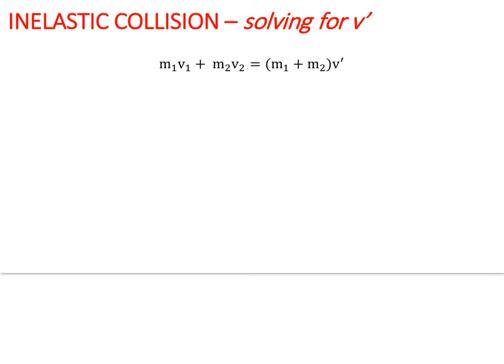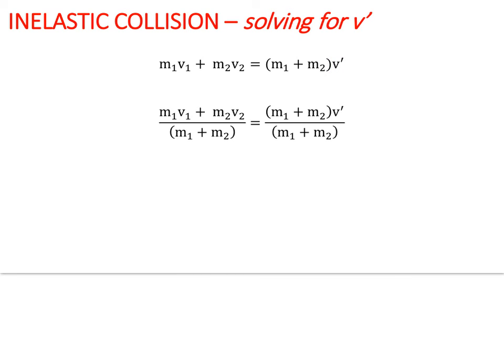In an inelastic collision, solving for v after, the final velocity of both objects moving together, that's even easier. So I want to isolate this velocity after. So all I have to do is just divide both sides by m1 plus m2.